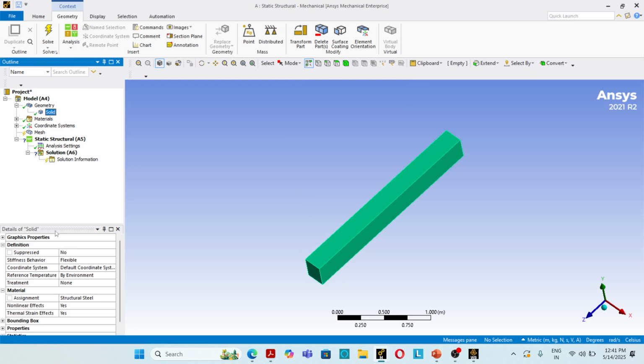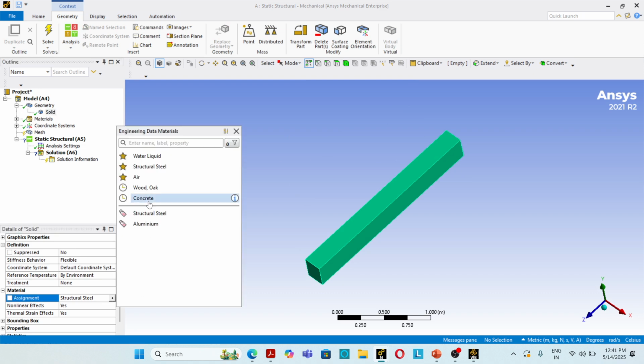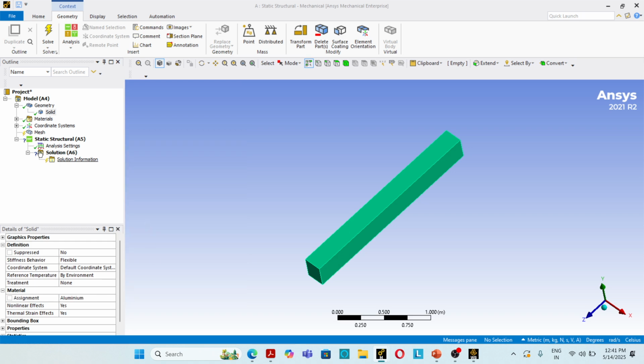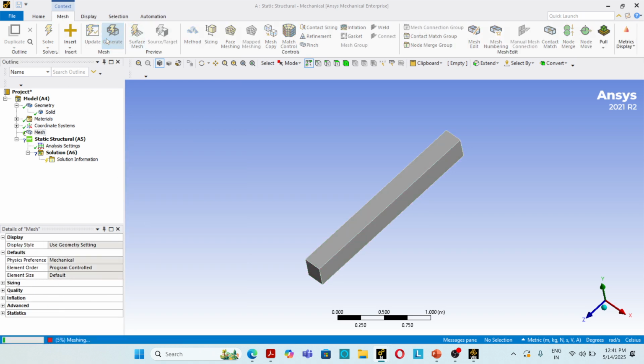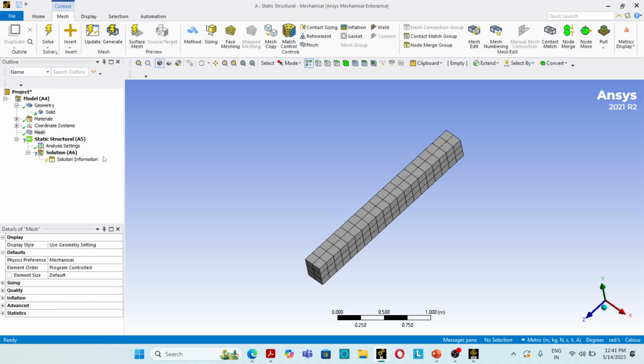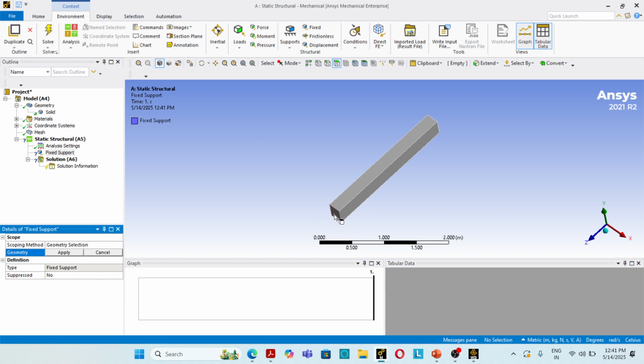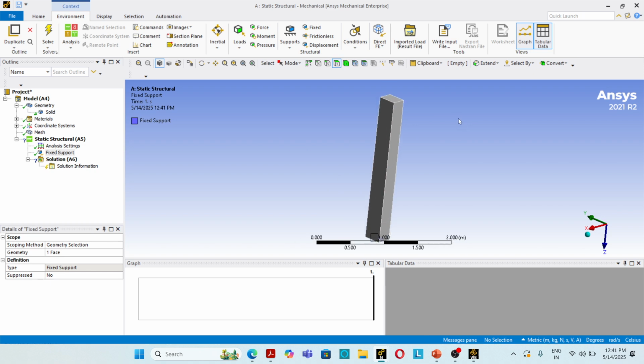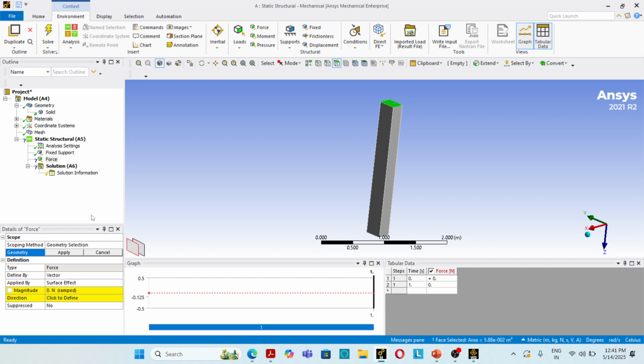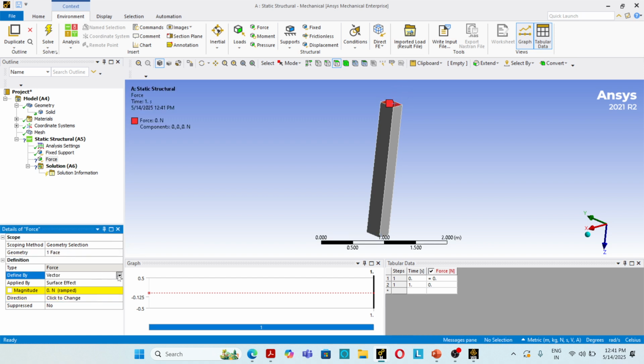Here select solid, change the material to aluminium, then mesh, generate. Then click on static structural, fix this side. Then on the top side we apply the load. Force, click here, change vector into components, then check the z-axis in downward direction.